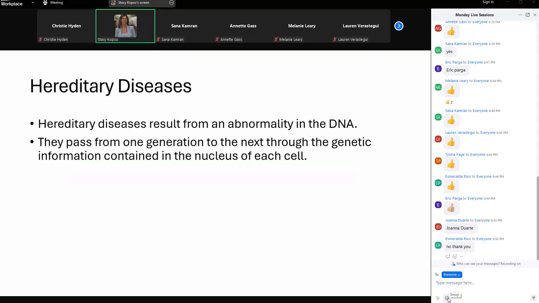Hereditary diseases, those result from an abnormality in the DNA, so they're going to pass from one generation to the next through that information contained in the nucleus of the cell.